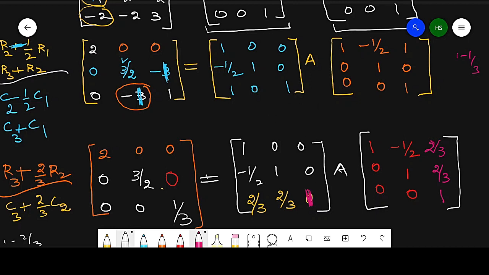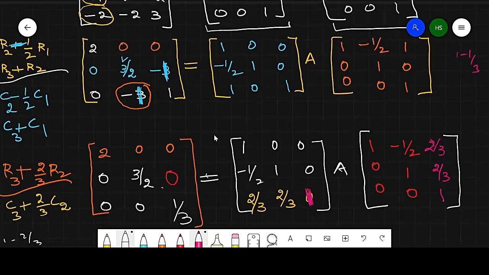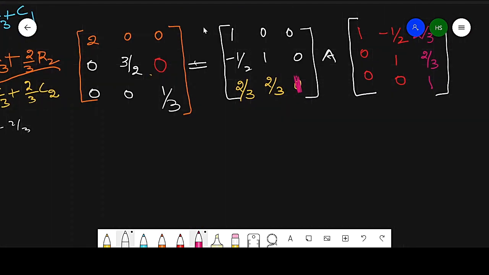Now from this we reduce it to diagonal form. So this is a diagonal matrix 2, 3 by 2 and 1 by 3.